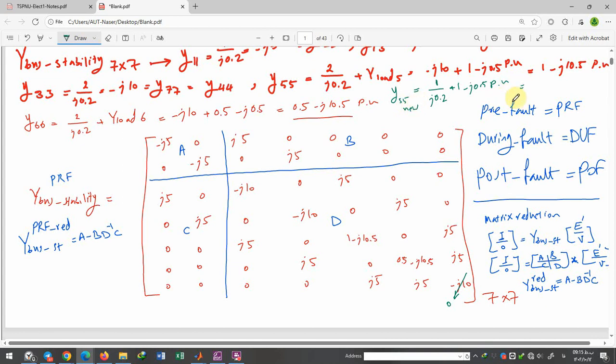It is equal to minus j5 plus 1 minus j half. It would be 1 minus j5.5 per unit. So Y55 is changed to 1 minus j5.5 per unit.